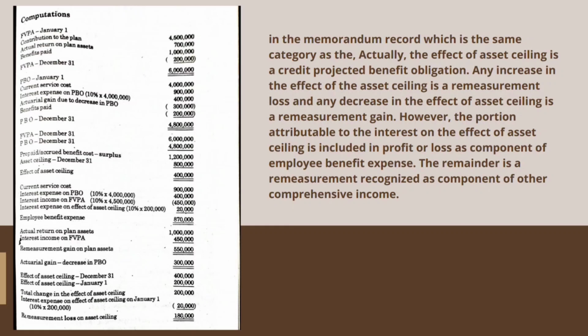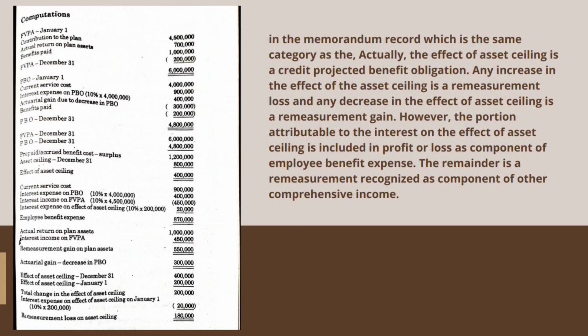Benefit paid again is 200,000. So our PBO on December 31 will be 4,800,000. So FVPA December 31 is 6 million again, and PBO December 31 is 4,800,000. So our prepaid accrued benefit cost, or surplus, is 1,200,000.